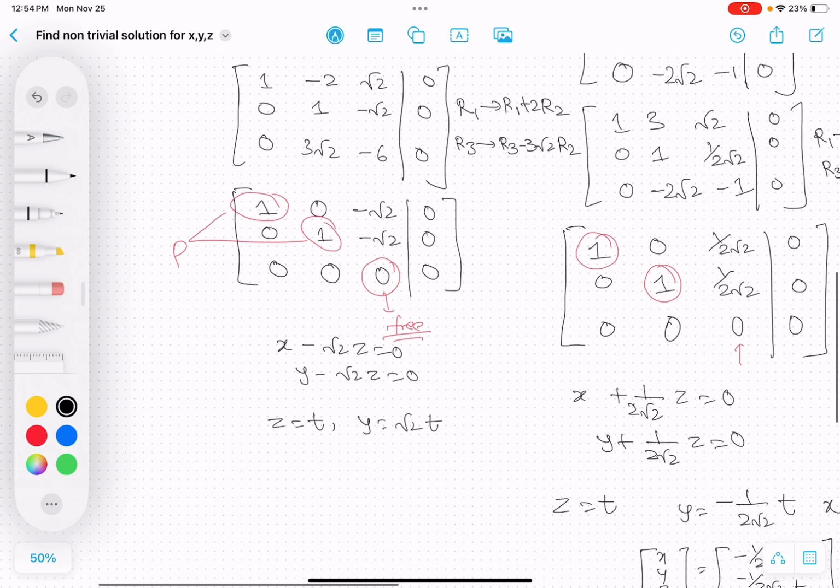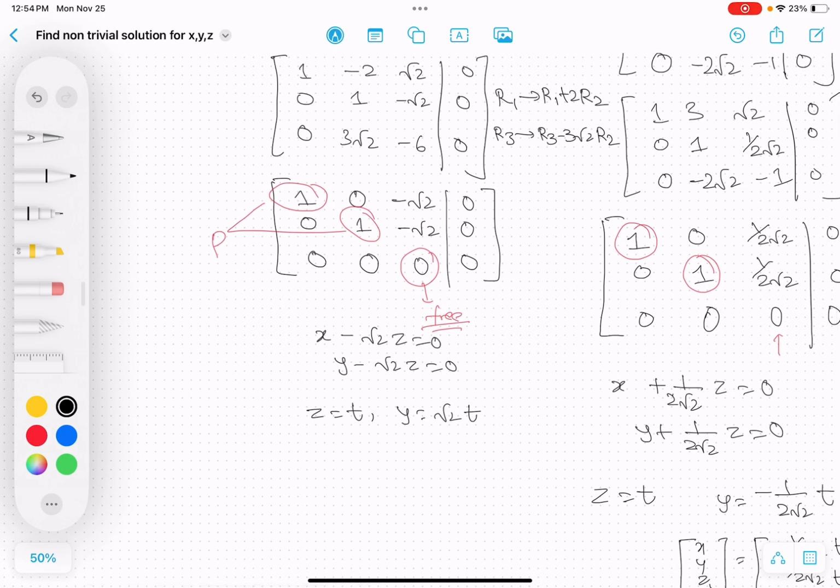Again, guys, as I told you earlier, it is definitely the case that you can also say x is t first of all, and then you can say that z is just 1 by root 2 t, and now you can find y as just t. That's definitely the case. But we are not doing that because we are just making it systematic, right?